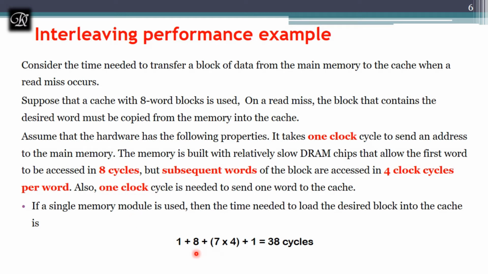The total will be 1 plus 8, where 1 is for transferring the address, 8 is for getting the first word, and the remaining will be 7 into 4, and 1 clock cycle to send the data. The total is 38 clock cycles without interleaving. Without interleaving, we need 38 clock cycles to access 8 word blocks from the memory.